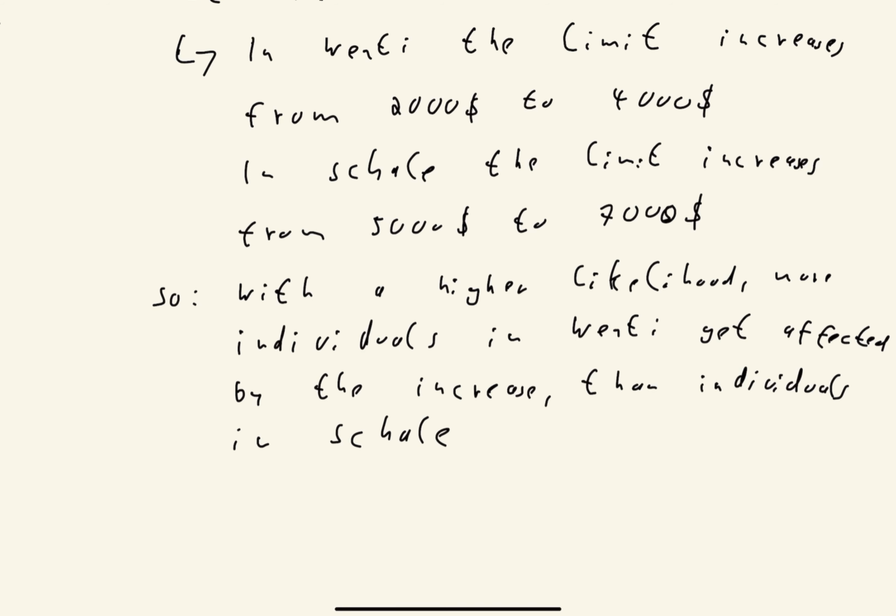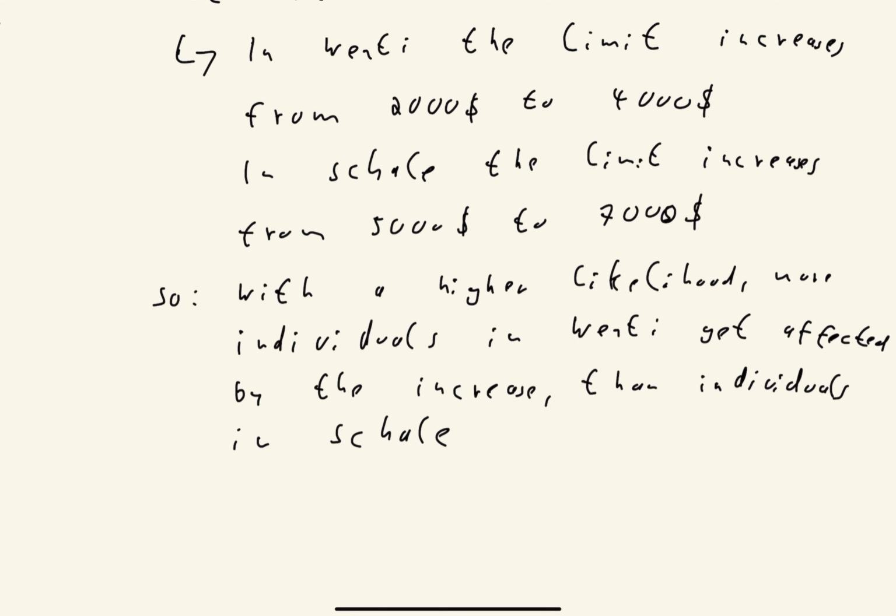Because there are more people between $2,000 and $4,000 who get affected by this limit increase than there are people between $5,000 and $7,000, since we assumed that the two countries are comparable.